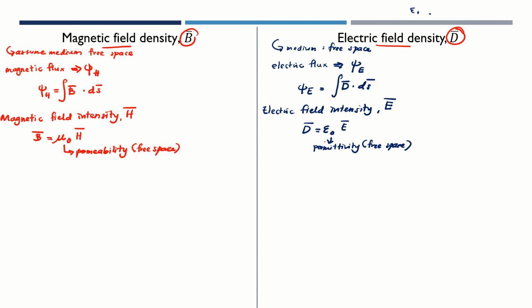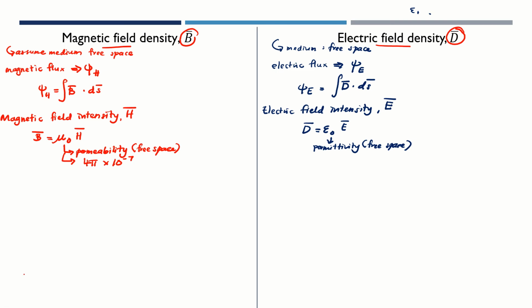For the electrostatic field we deal with permittivity, but for the magnetostatic field we deal with permeability, where the value is also different: 4 pi times 10 to the power of minus 7. So this is the value of permeability for the magnetostatic field.